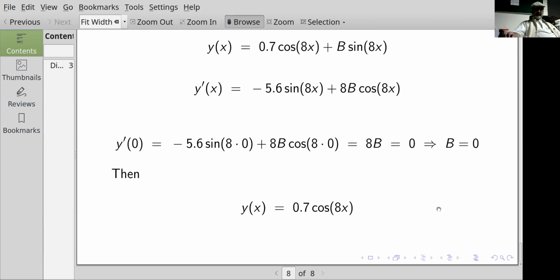If you're given the initial value of the function at x equals 0, and you are also given the initial value of the first derivative of the function at x equals 0, then you can solve for a and b and get a specific function as the answer.